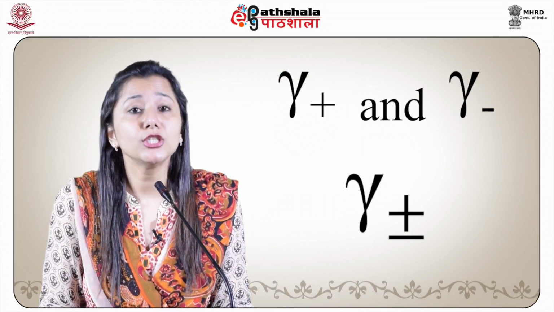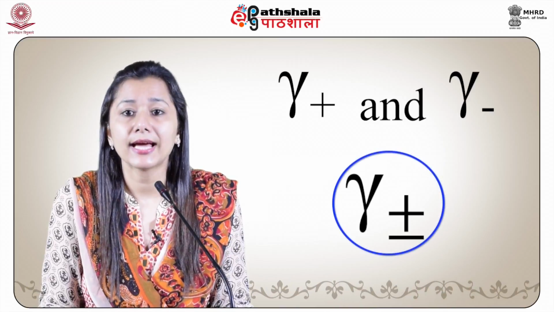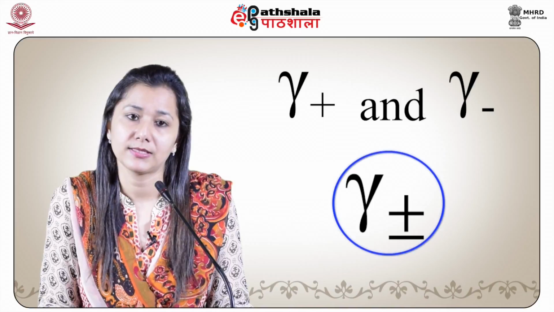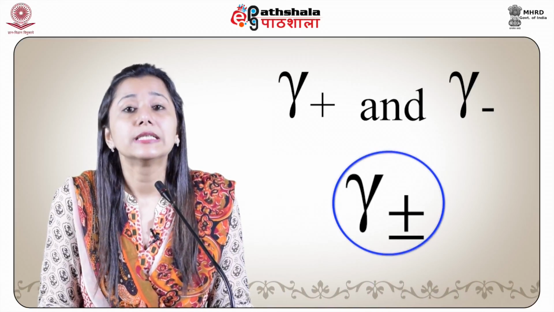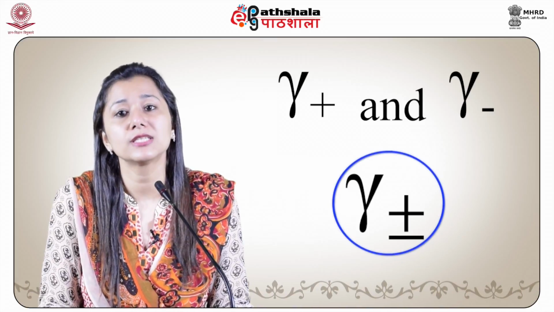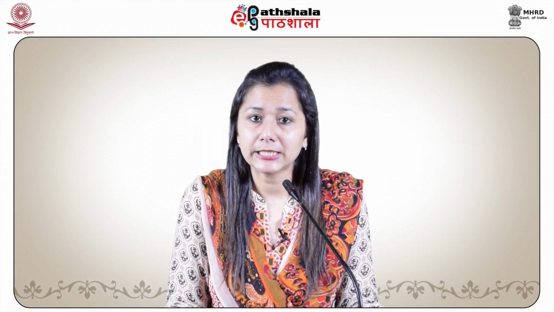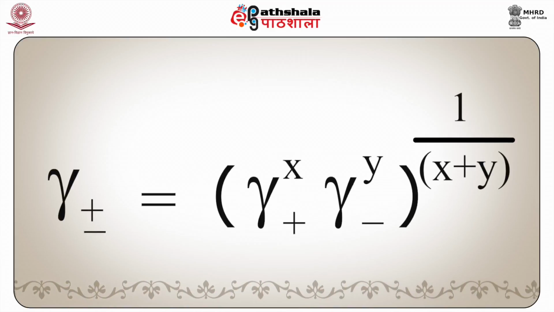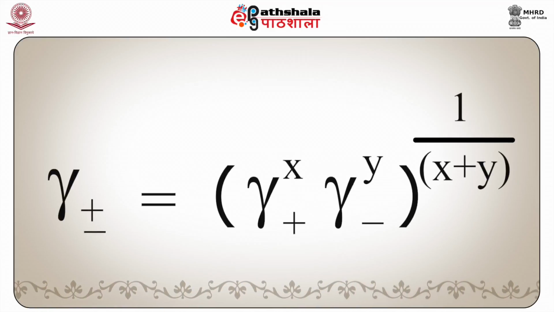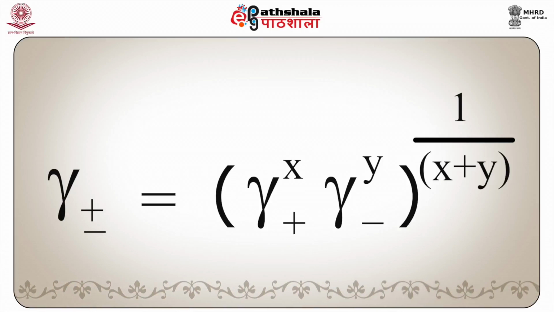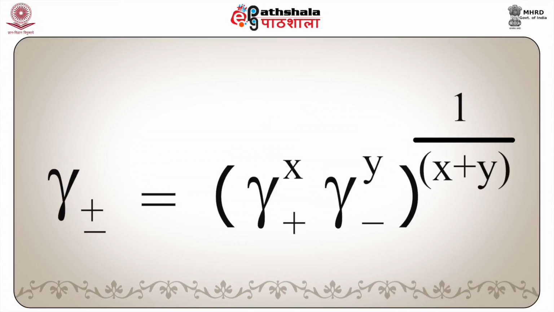So, we define a new term called the mean activity coefficient, which is represented as γ±. The mean activity coefficient γ± is a measure of ion-ion interactions in solution. Mathematically, it is given as γ± = (γ+^x × γ-^y)^(1/(x+y)).